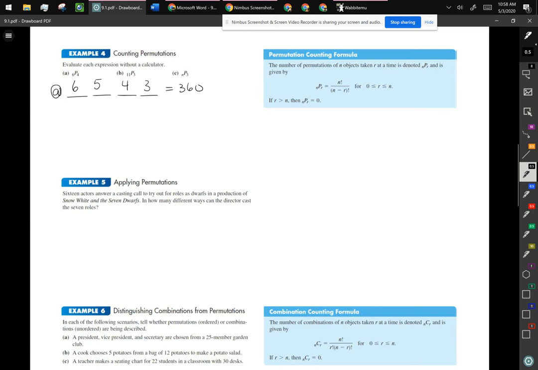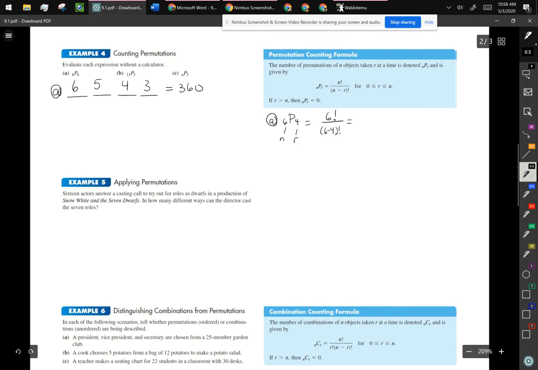If you want to think about it from the formula standpoint, in this case it'd be 6P4, that's my n, that's my r. Let's use the formula. It's n factorial, so it's 6 factorial over 6 minus 4 factorial.